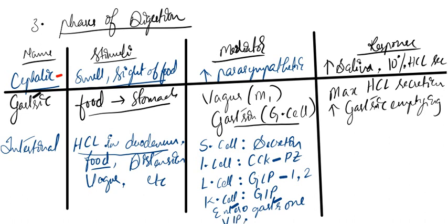Vasoactive intestinal peptide, then amylin, etc. So these all are mediators. These all act as mediators in the intestinal phase. Now, what is the response you see due to these mediators?